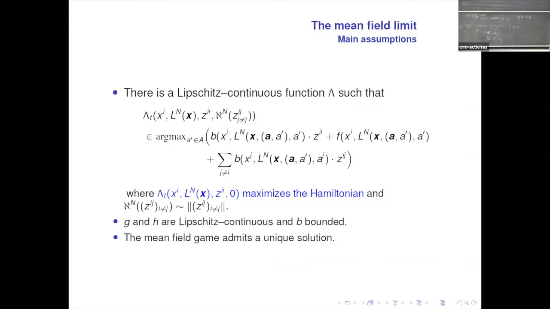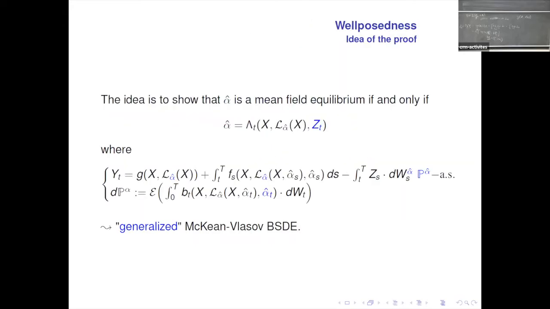We assume that we can find a mapping, lambda, that maximizes this Hamiltonian. This part here is the normal Hamiltonian of the problem. This part here comes from the effort of the other players. So this is the off-diagonal terms, and this is the effort of other players that shows up in the n-player game. And we want, the blue part is important, we want the mapping, when I take Aleph to be 0, to maximize the Hamiltonian that I had here.